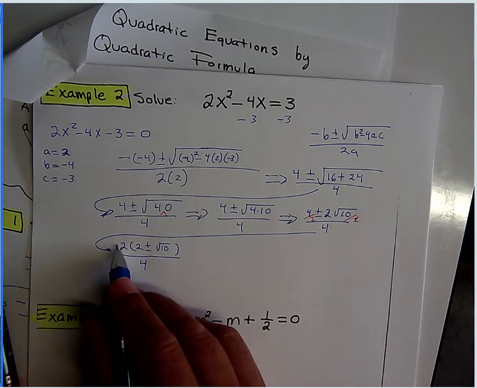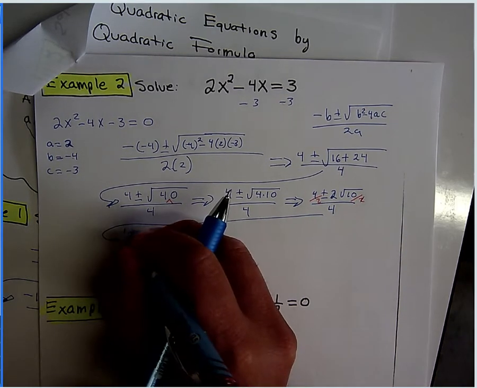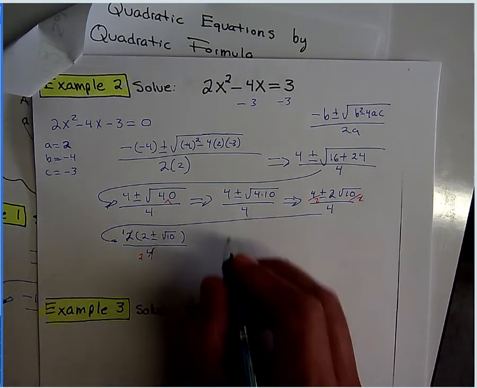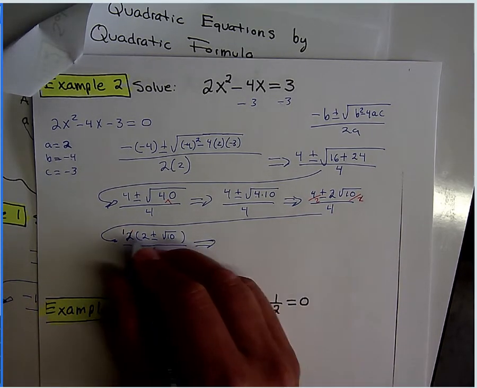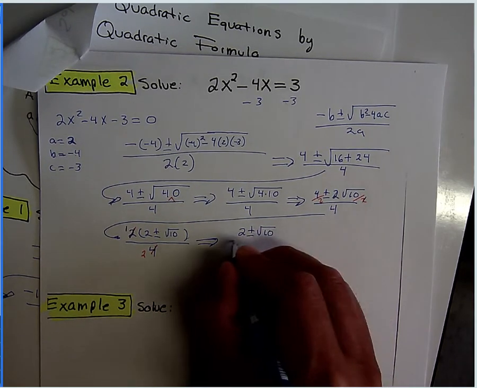And you know 2 and 4 can simplify. This one will become 1, and that one will become a 2. So you're left with 2 plus minus the square root of 10, over 2.